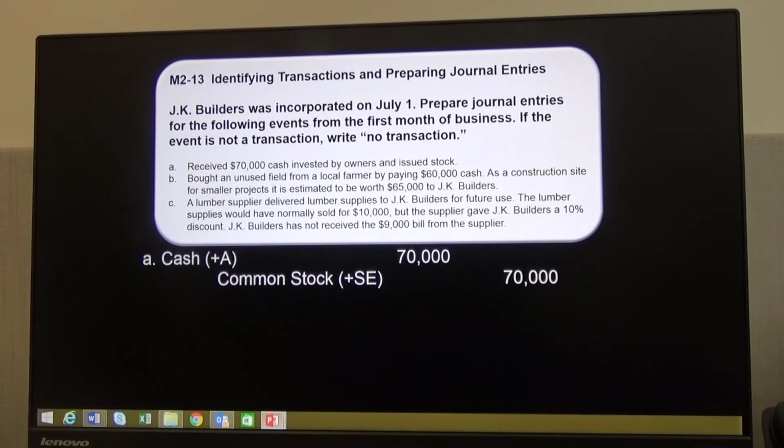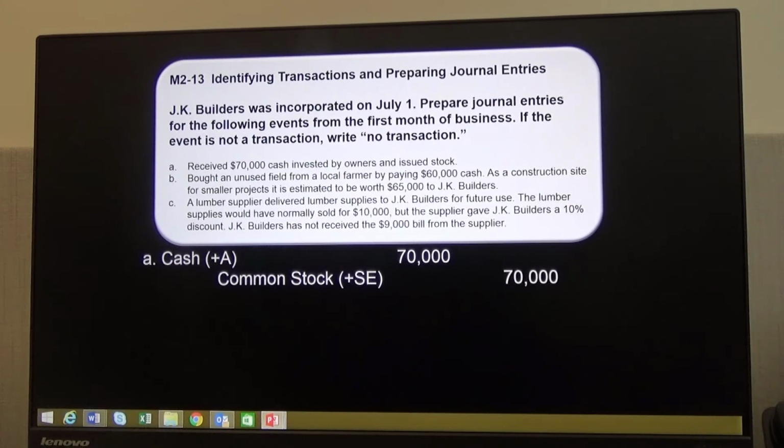Notice that I debited cash because it's an asset that's increasing, and assets are left side accounts, and therefore they increase with left side entries. Common stock is a right side account, and therefore it increases with a credit entry.